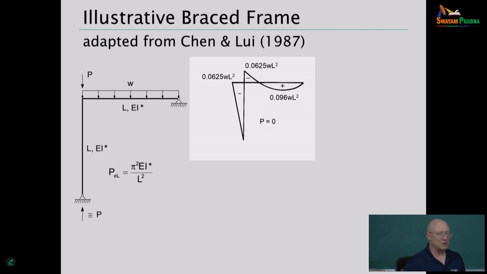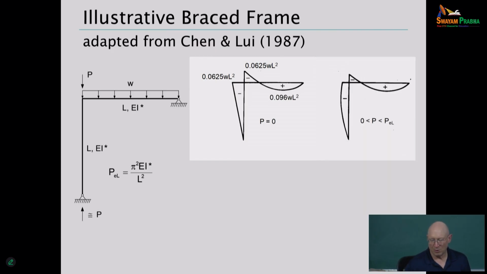But this is the first order moment. What happens if we start applying axial force here and we keep increasing the level of P? Basically we get second order effects. A good way to say it is there's the piano string problem. If you take a piano string, pull it very tight, and try to deflect it transversely, it's stiffer the higher the axial load on it.